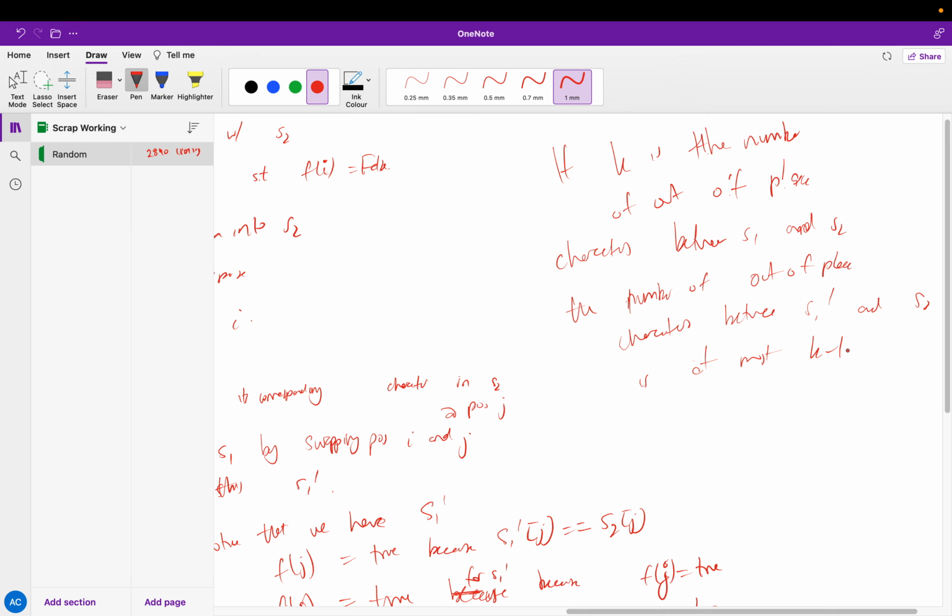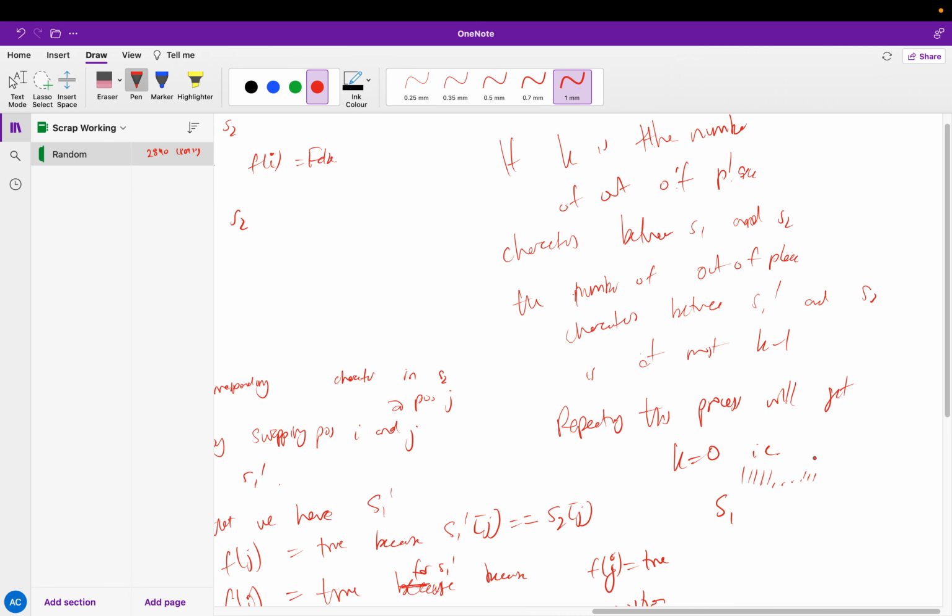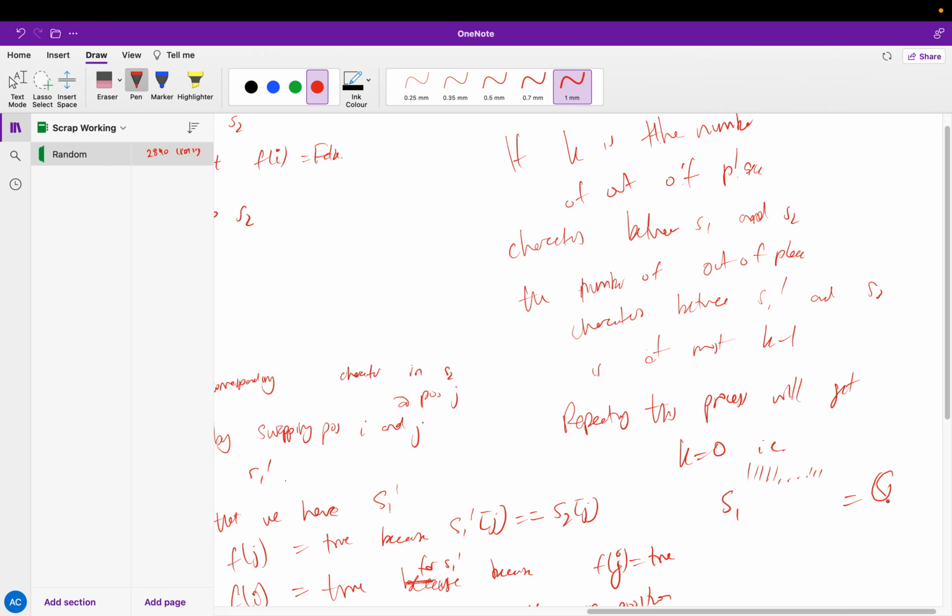So you definitely reduced that number by 1, maybe by 2 because the jth character you swapped it with could also have gone in the right place, but at most k minus 1. So repeating this process will get k to equal 0, i.e. the S1 prime, after enough transformations, will equal S2.